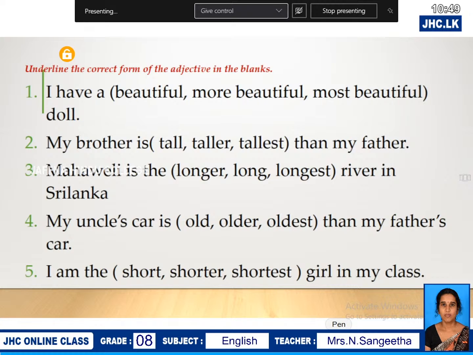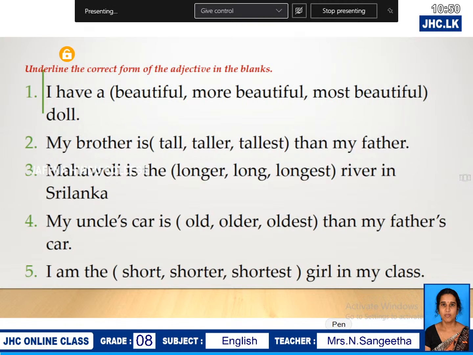When comparing two things, we use the comparative form. And when we compare more than two, we use the superlative form. So adjective, comparative and superlative.